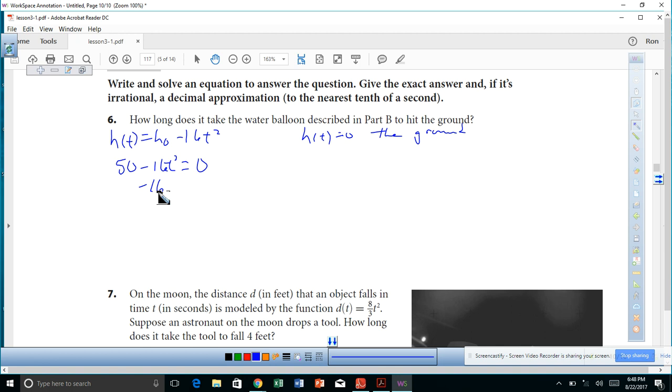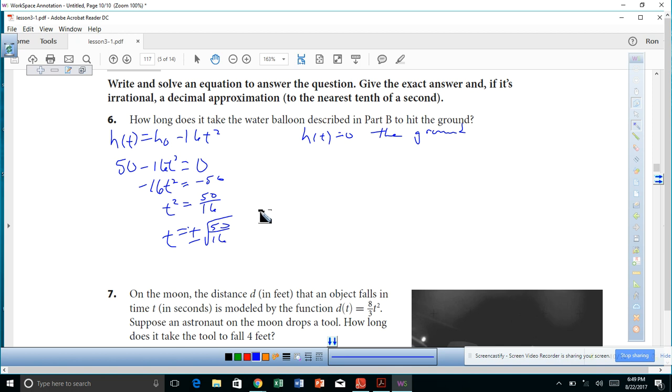We got negative 16t squared equals negative 50. Divide both sides by negative 16, and we got 50 over 16. Take the square root of both sides, and you got t equals plus or minus the square root of 50 over 16.